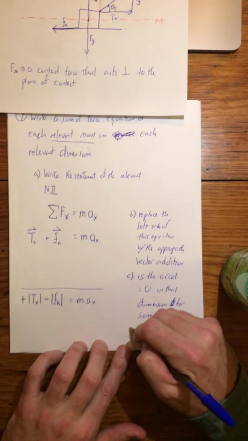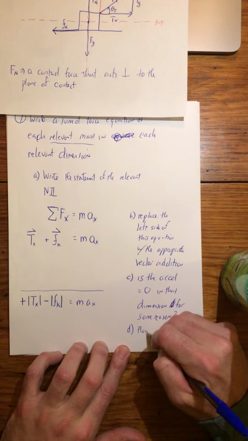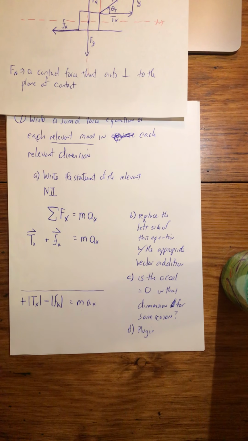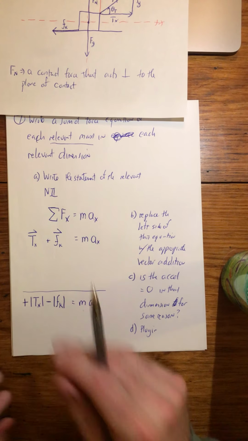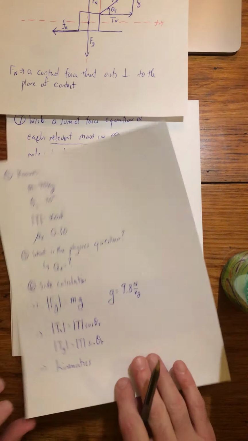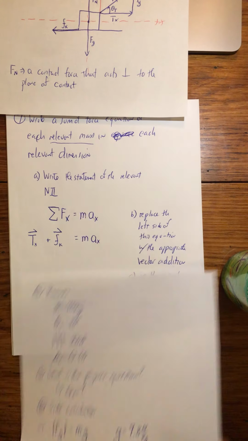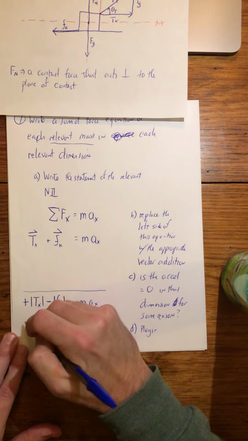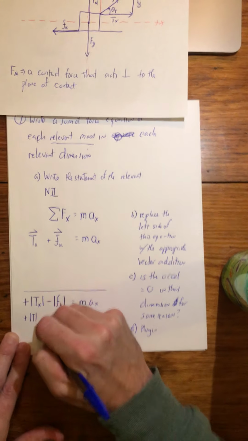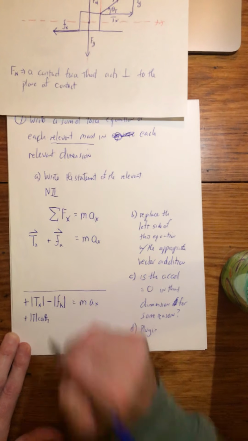okay? And then D is to plug in, okay? So let's assume here that I had this. So Tx, going back there, I said that that's T cosine theta T. Well, that would go, well, plus T cosine theta T, right?